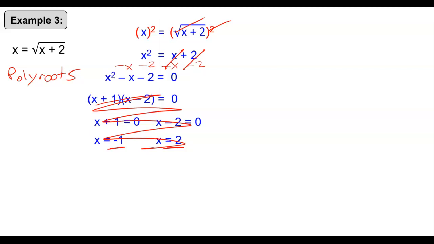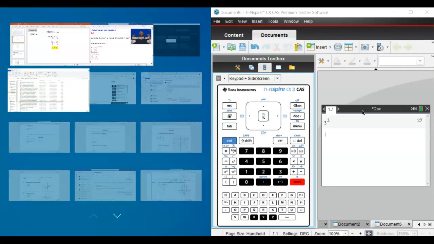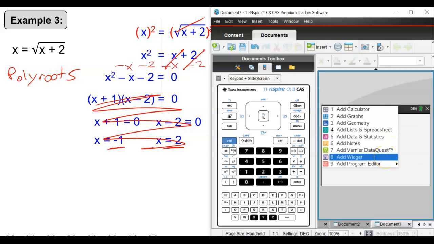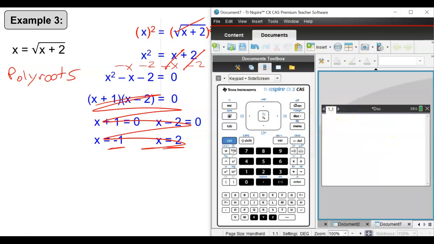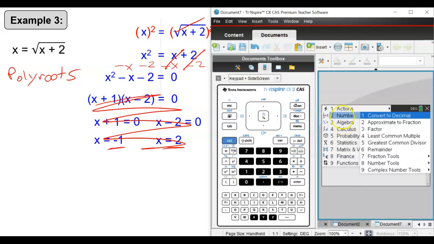So polyroots, here's the buttons you're going to press. Okay, so let me show you. On your calculator, you're going to go to a regular calculator. Now either you're doing this with me or you're watching up at the front. The buttons you press are menu, 3 for algebra, 2 for numbers. No, hold on.